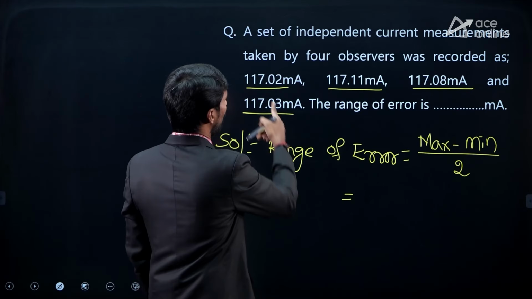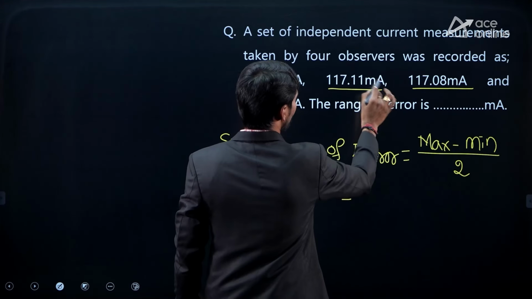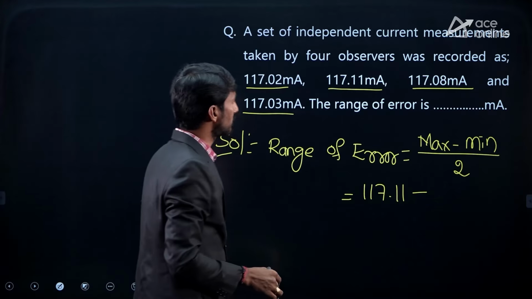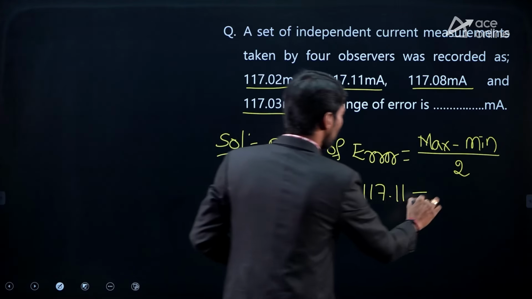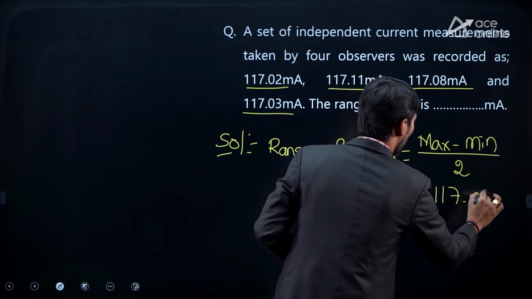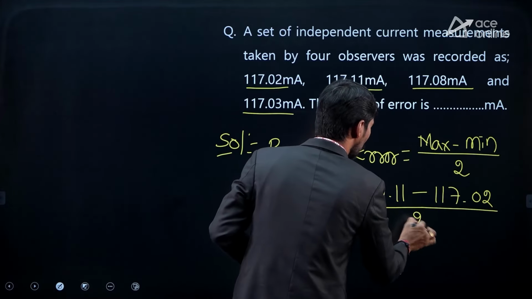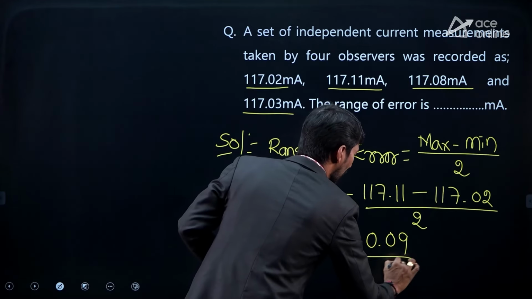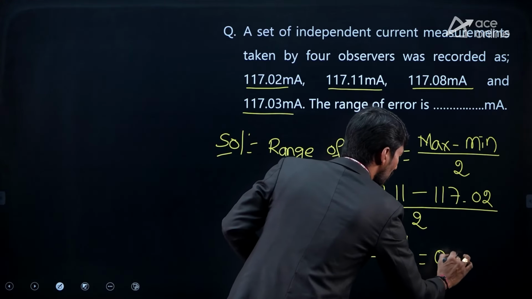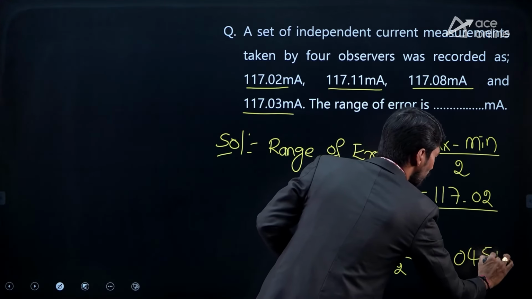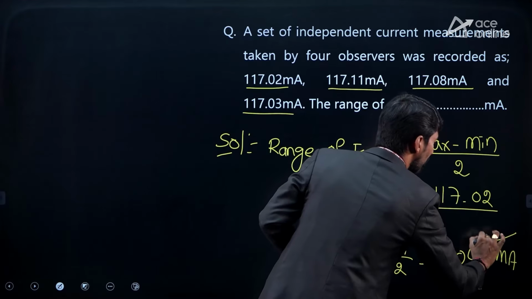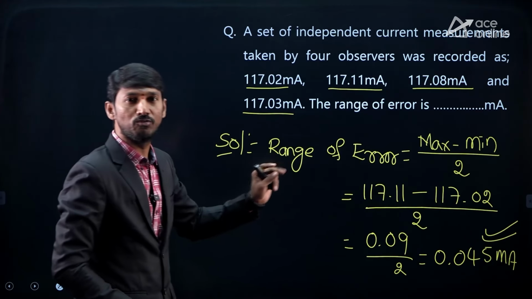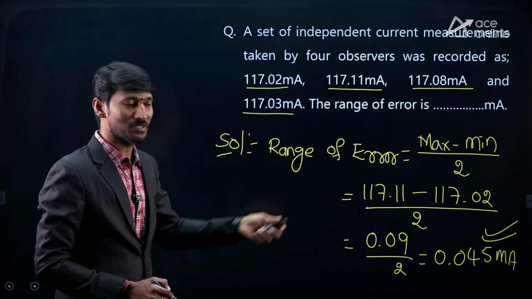What is the maximum value according to the given data? 117.11 minus, what is the minimum? 117.02, by 2. You will have 0.09 by 2. So therefore 0.045, of course milli is the answer. So the answer is 0.045 milliamperes. Right? Next question.